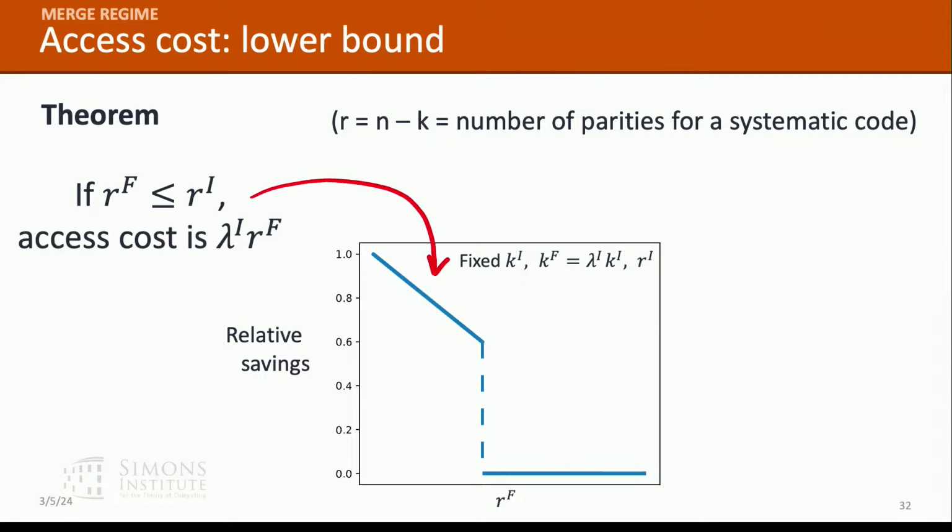That is, in this initial part, where r_F is less than or equal to r_I, so this point is r_I, access cost is lambda_I times r_F. So recall that this is the merge regime, that is, you're merging multiple code words, you're merging lambda_I code words. And access cost is lambda_I r_F, which corresponds to reading from only r_F blocks, and r_F is exactly the number of parities.